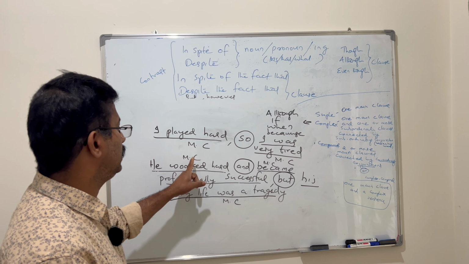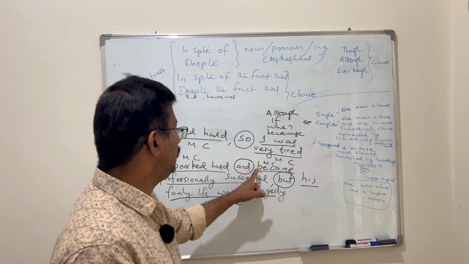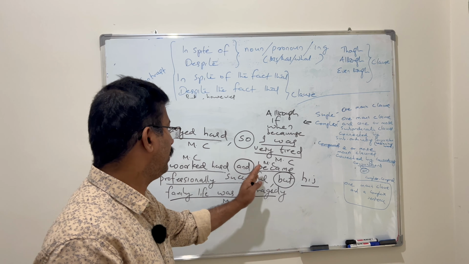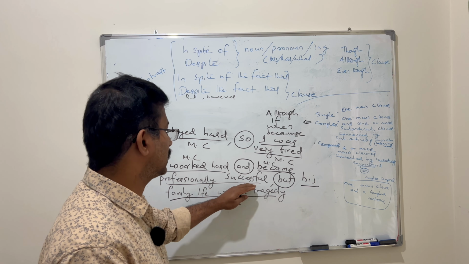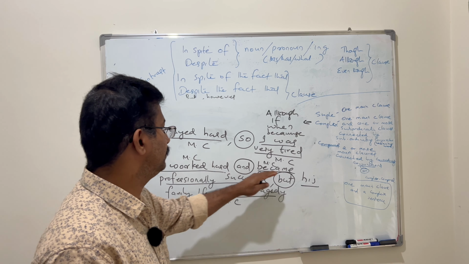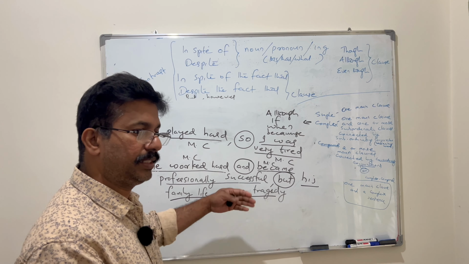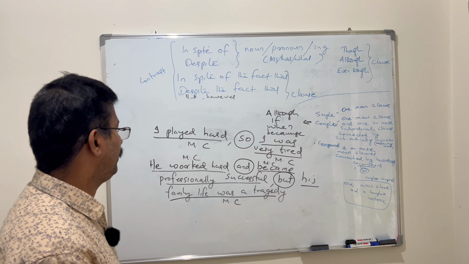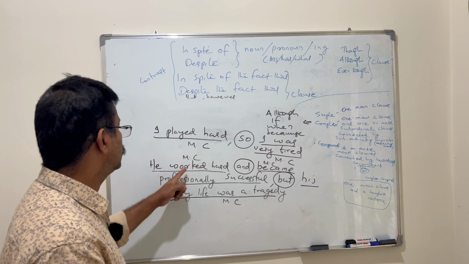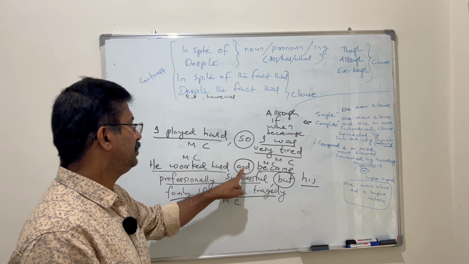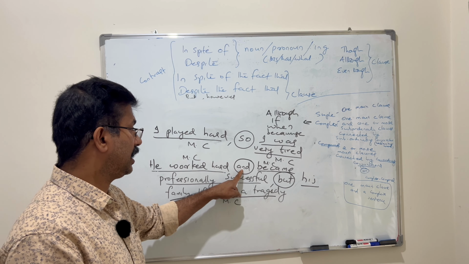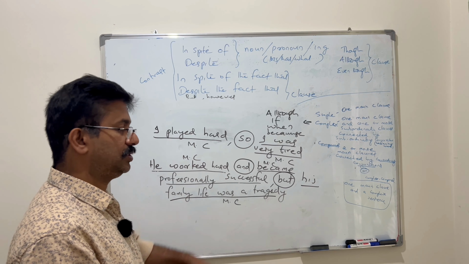"He worked hard" is one main clause. He is not there, but "became professionally successful" is the second main clause. "His family life was a tragedy" is the third main clause. So three main clauses connected mainly by and and but. This is the main coordinating conjunction. This is another main coordinating conjunction to connect two main clauses.